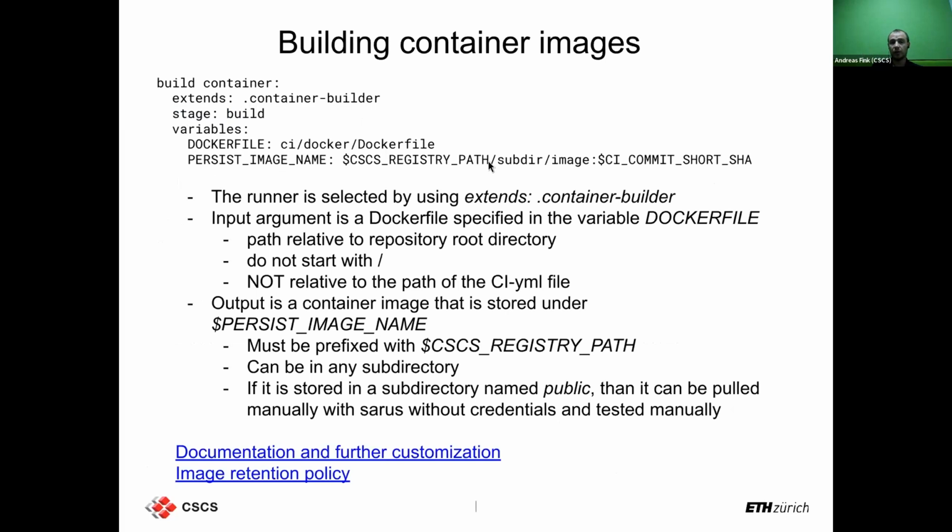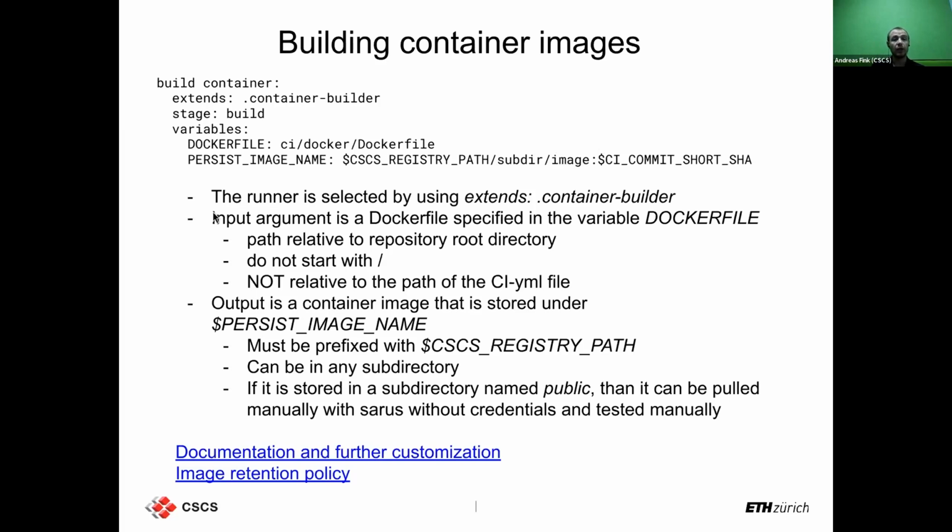The name has to start with CSCS registry path, and from there on, you can basically define your own workspace, however you want to organize your container images. We don't restrict which subdirectories you create or how you call your images, as long as it's a valid OCI container image name. Some container image names are invalid, but you will get a rejection message if you choose an invalid name.